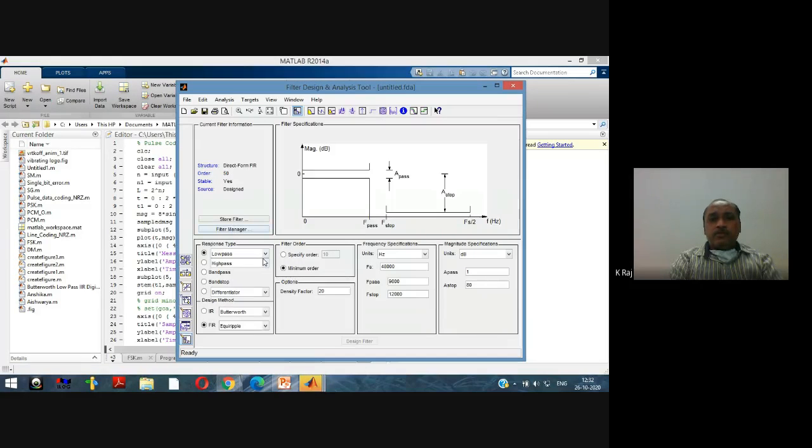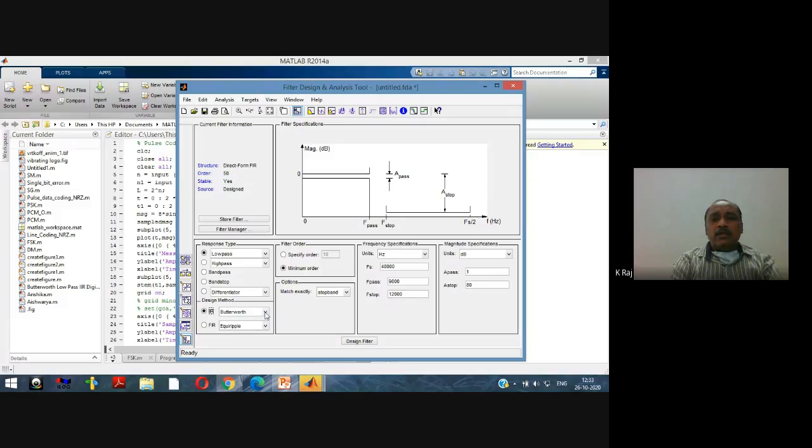For that purpose, we have to select the response type. As we have discussed, first of all we have to design the low pass filter, and that low pass filter can be converted into any form which is required. So we will select the low pass filter, and then the next step is the design method. Particularly we are discussing the IIR filter, so we will move to the IIR filter.